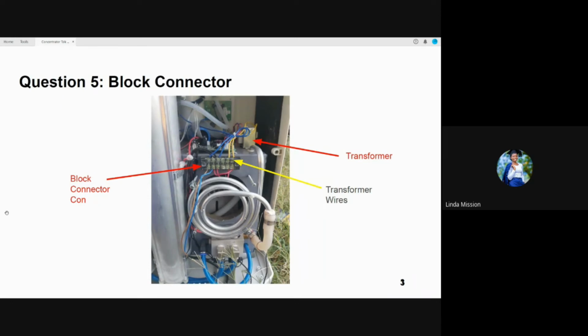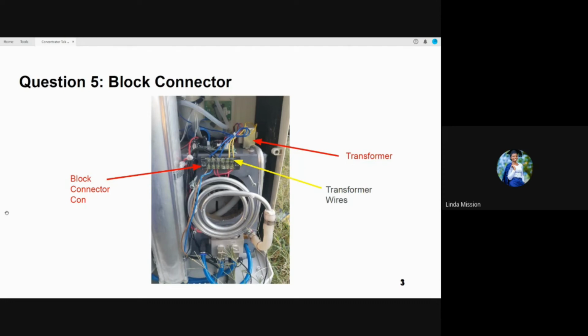And please remove and replace the transformer with a working transformer, and it should be of the same rating, such that it should be able to step down the voltage to 15 volts. Otherwise, if you put a step-down transformer with an output voltage which is much lower than 15 volts, other components might not be able to work well, since they will not be receiving enough power.